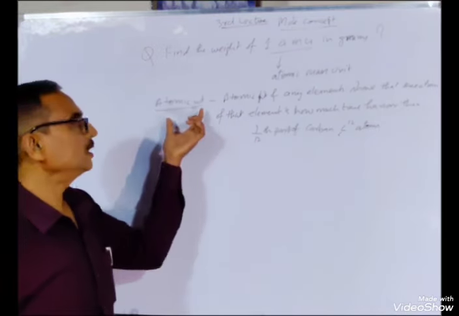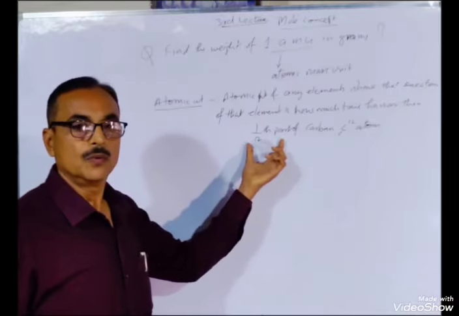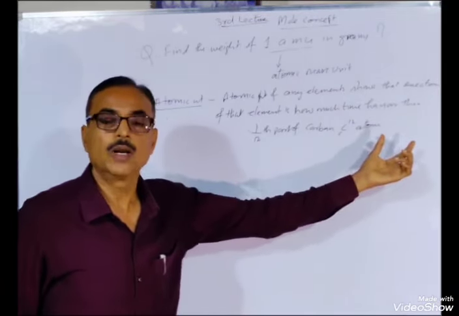So atomic weight is the weight of the atom with respect to 1/12 part of carbon-12.